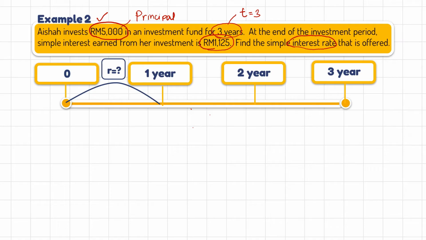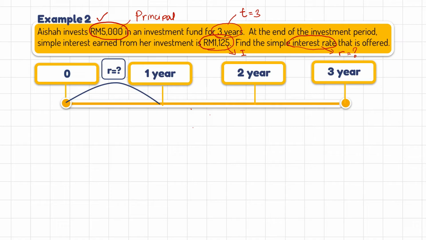And then the question also gives you the simple interest earned from her investment is 1,125 ringgit. Therefore, this is our capital letter I. Then the question asks you to find the simple interest rate that is offered, which means this is our R, the one that we need to find.